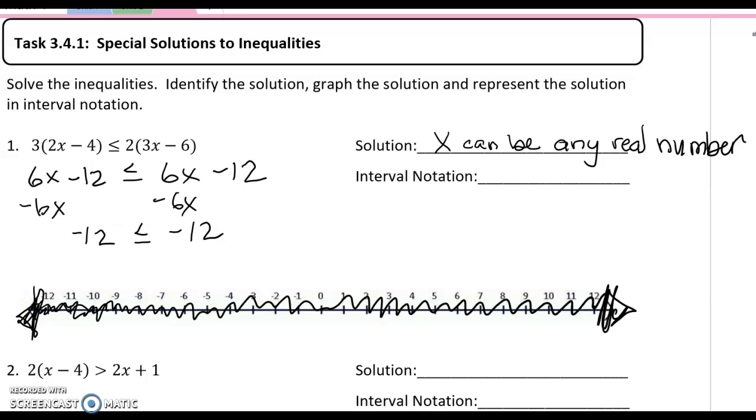If you think about how we wrote that in interval notation, it would make sense when we say that the interval notation is negative infinity, comma, positive infinity. That is the interval notation for our graph, which again is communicating that x can be any number for this problem.